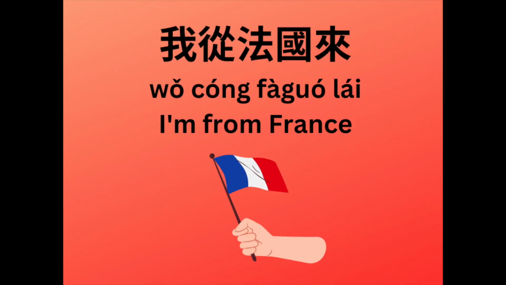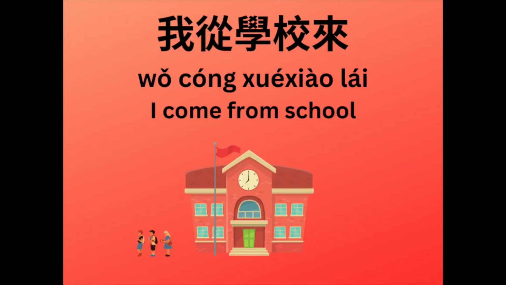You from where? Come. 你从哪里来? 我从法国来. I am from France. 我从法国来. Or you can say 我从学校来. I came from school.